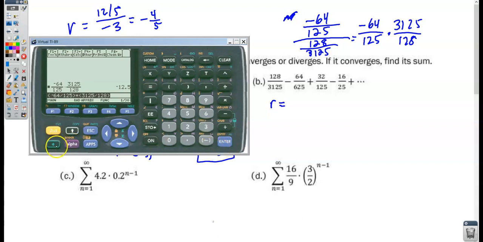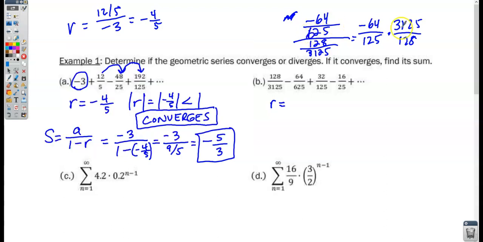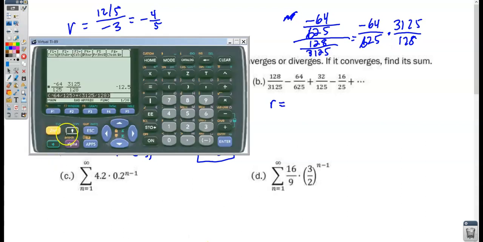And we find that r is... wait a second. Oh, that's 625. Whoops. I want to change mode on my calculator here, to exact mode, when I'm doing this computation.